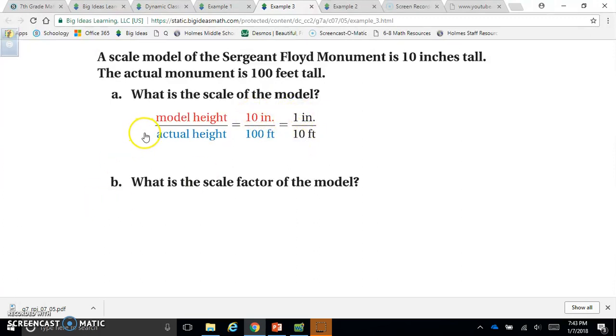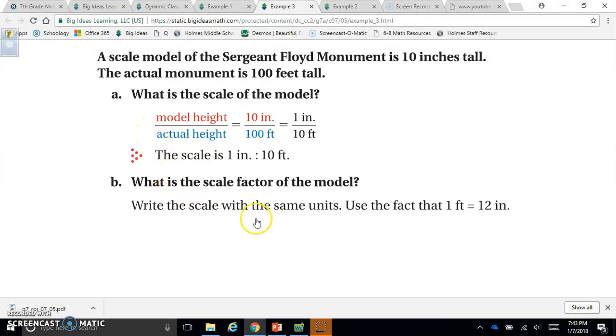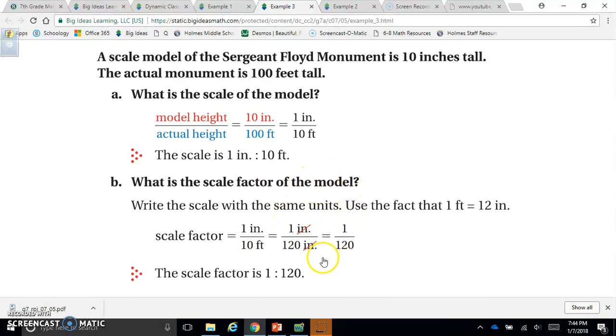What's the scale factor is next. How do we multiply? We write the scales with the same units. Scale factor, 1 to 10. We want to write it in the same units, so we'll have to convert feet to inches. Convert to the same units in order to get the scale factor.